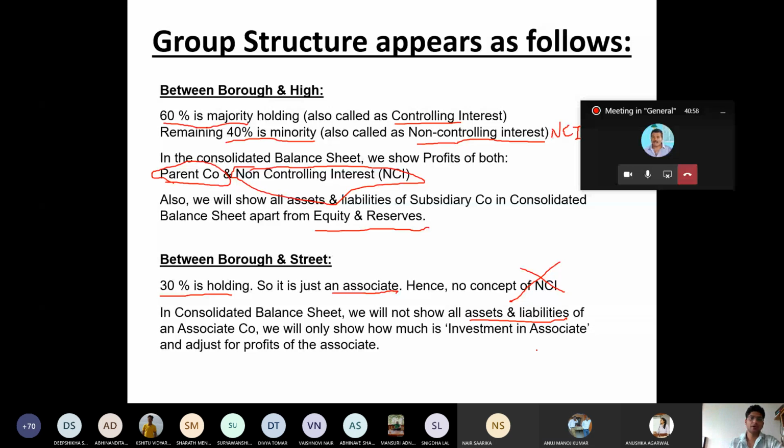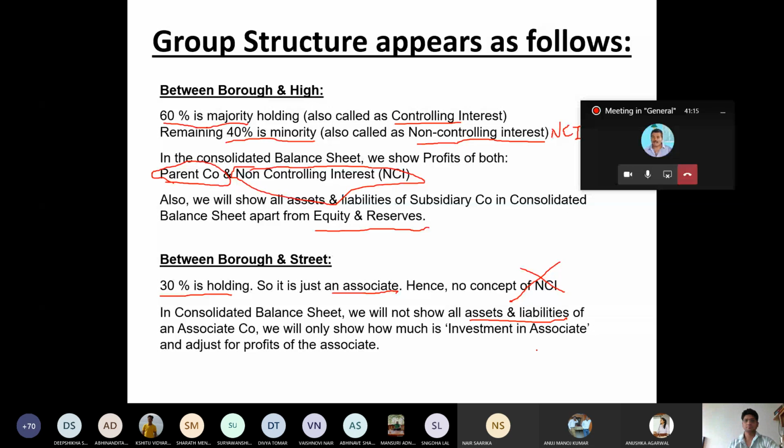Yes, sir. So that is your step one, which will not be given in the problem. You have to understand what is a subsidiary and what is an associate, and out of subsidiary what all we will consolidate, and out of associate what all we will consolidate.